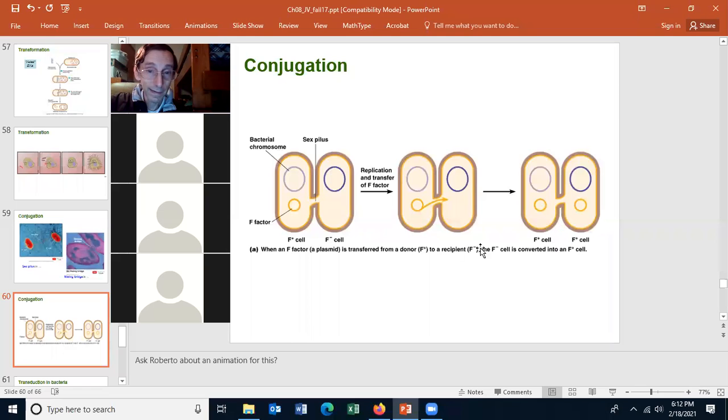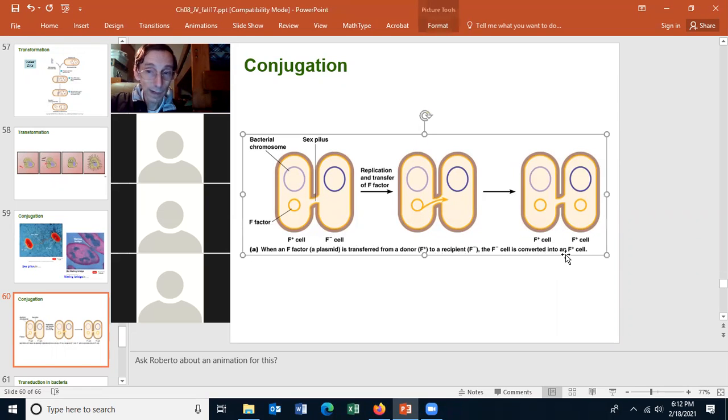And then this cell, which was F minus, is transformed into an F plus cell. An F plus cell has the F plasmid in it, and the F plasmid codes for the sex pilus, so this cell will grow a sex pilus, and these two cells will now separate.